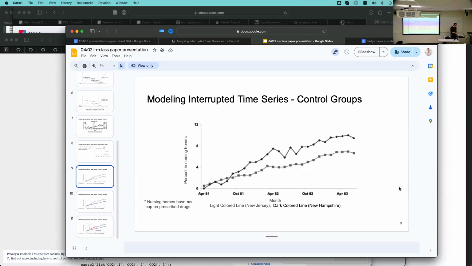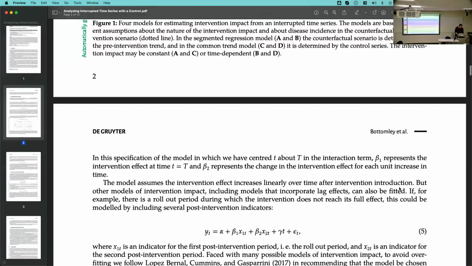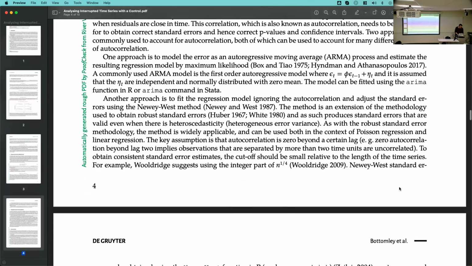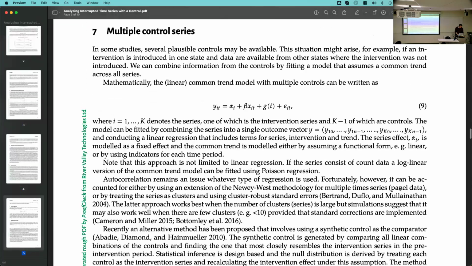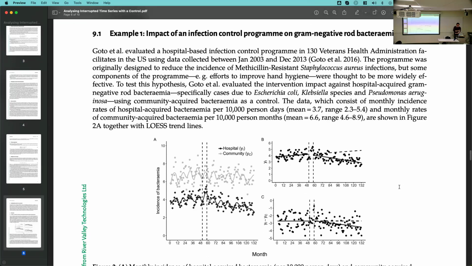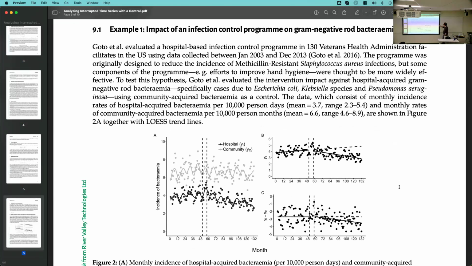Let me see if I have some better examples. I think there were a couple in the paper. Example one: hospital-contracted infections as the outcome.